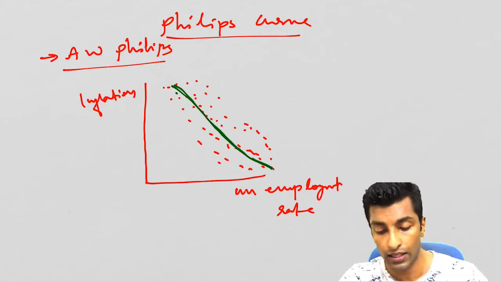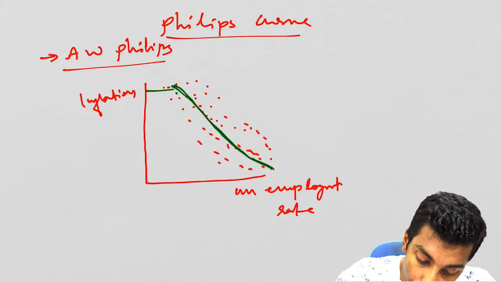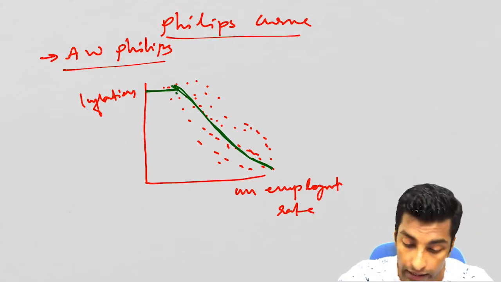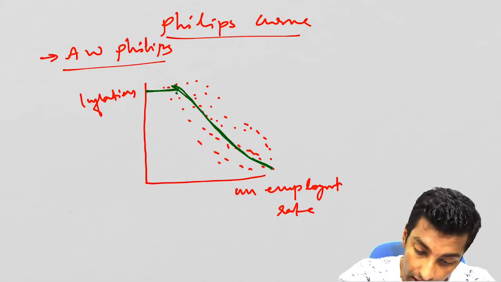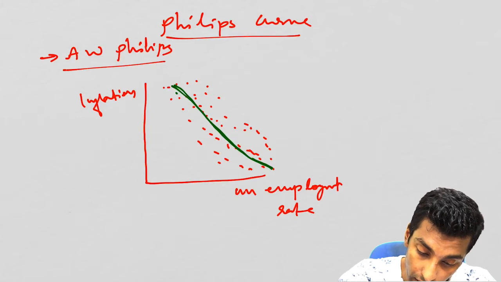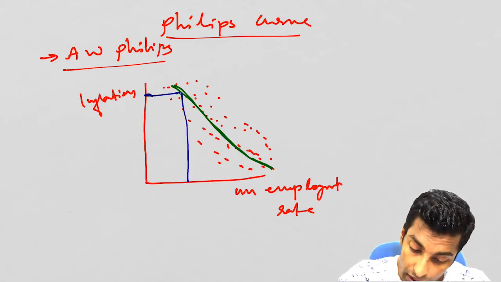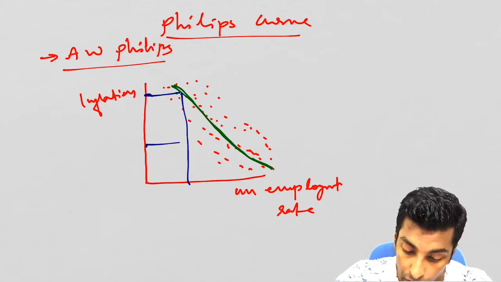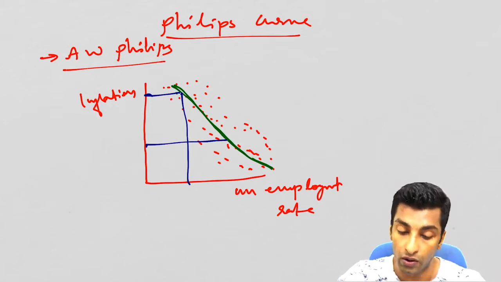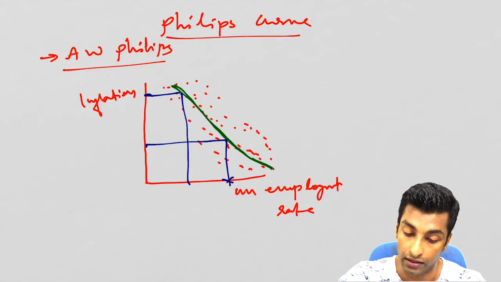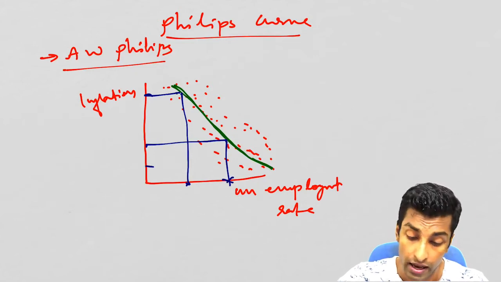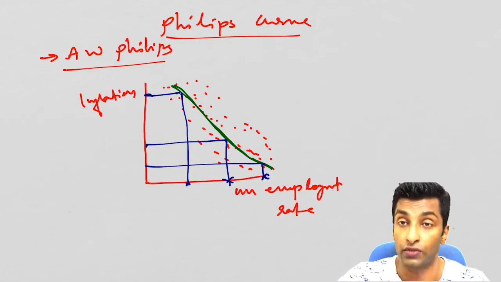So you can see here, I just want to tell you this. So here inflation is high. Okay, at this point if you take inflation is high, or let me draw with another ink. So at this point you see high inflation, but you see unemployment is low. At this point you see inflation coming down, but unemployment is increasing. Compared to this, unemployment is increasing. Here inflation is very low, unemployment is very high.